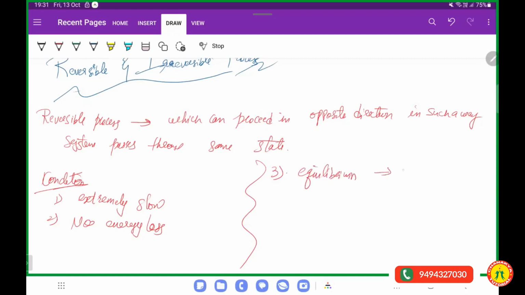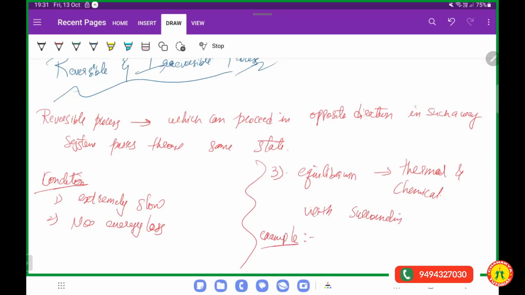Equilibrium means thermal and chemical, with the surroundings.